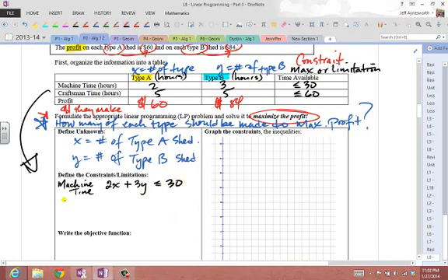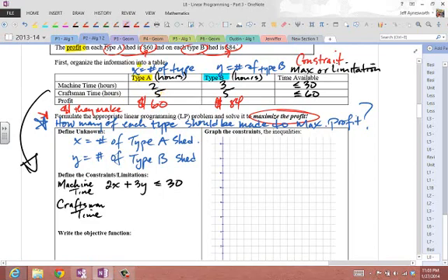Now you have a constraint on the craftsman time too. For every type A shed, it takes 5 hours of craftsman time. It's time intensive. If we build one type A shed, it takes 5 hours. 2 type A sheds take 10 hours of craftsman time. 3 type A sheds take 3 times 5, or 15 hours.